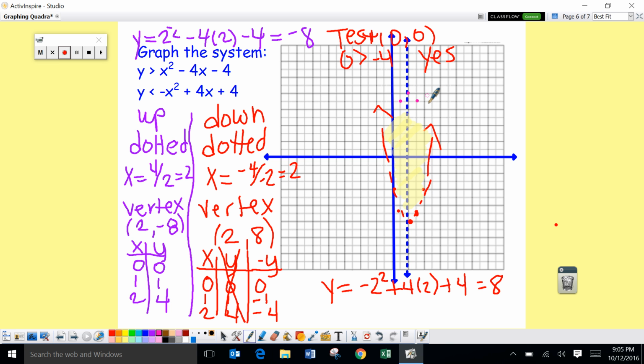And I'll go over 2 and down 8. Or excuse me, over 2 and down 4. And I'll reflect it to the other side. So now I'm going to draw in my parabola with a dotted line.